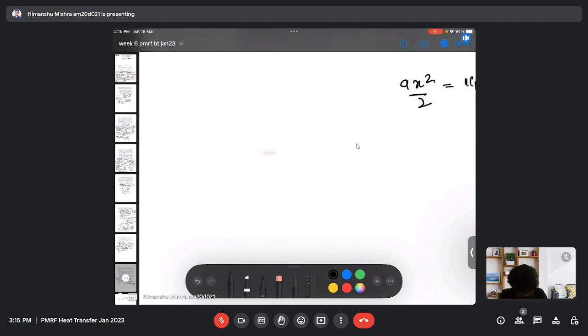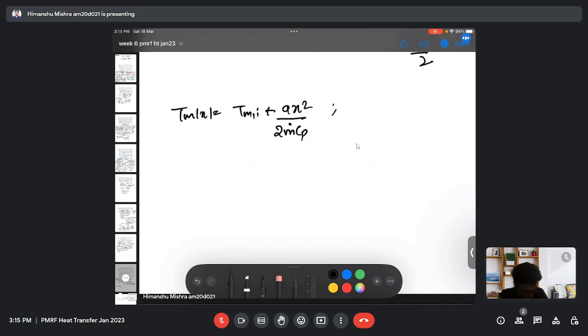So we found the mean temperature, and now we need to find the heat transfer at x equals 30 meters. Therefore Tm at x equals 30 meters will be: my Tmi is 27 degrees Celsius, A is 20 watt per meter square, and my x is 30.